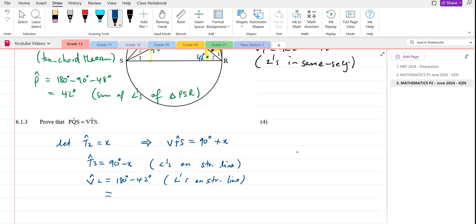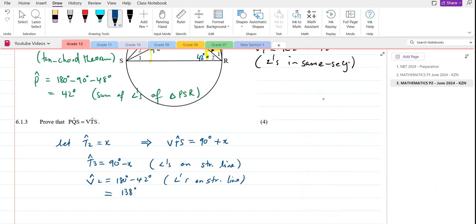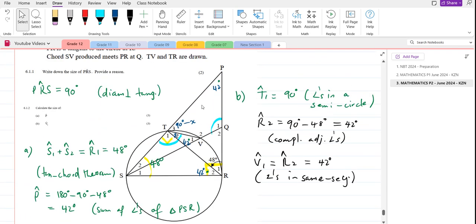So you should get 138. 180 minus 42, that's going to give me 138. Right, so I have T3 and V2. I've got angle P. Now I can find angle Q, sum of angles of quad, because angle Q2 is 138.